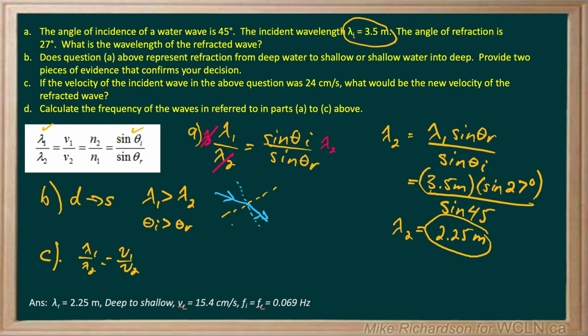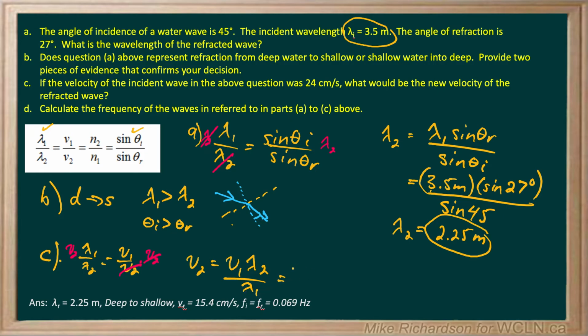So once again, I'm going to multiply both sides by V2 to get it out of the bottom. And I get V2 is equal to, now I want to get lambda 2 out, so I multiply both sides by lambda 2 and divide both sides by lambda 1 to get V2 by itself. So V2 is V1 lambda 2 over lambda 1.